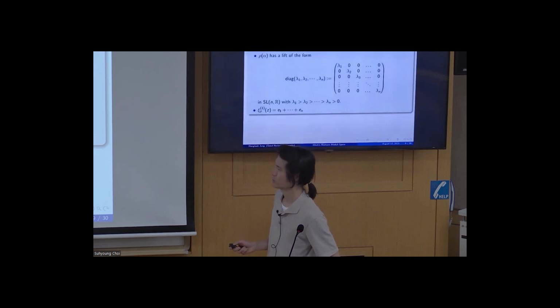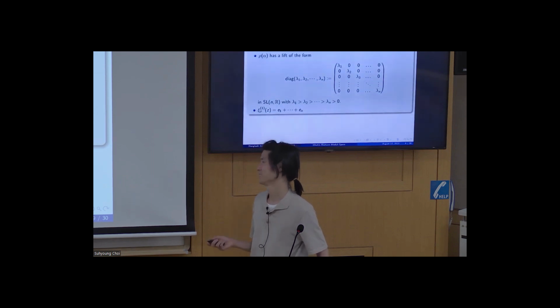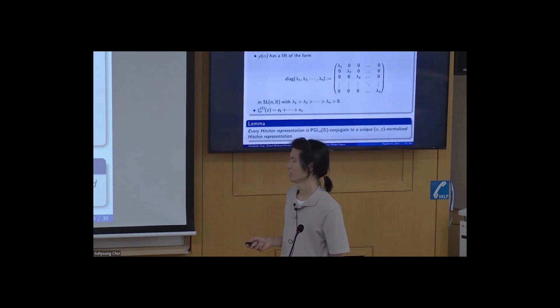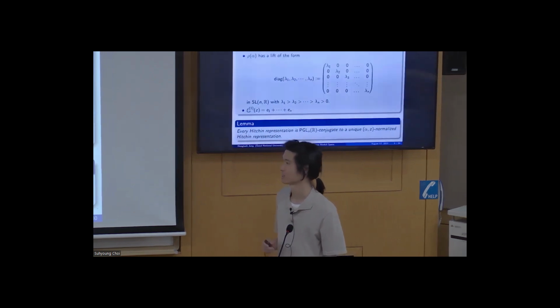The reason why we choose this vector is just arbitrary. You can put any kind of vector here, but this is the most convenient setting. So that's why we choose this. So the lemma is that any Hitchin representation has a unique normalized Hitchin representation in its PGL(n,R) conjugacy class.